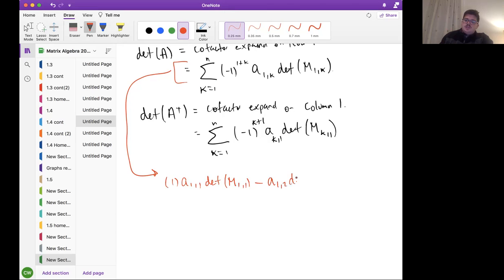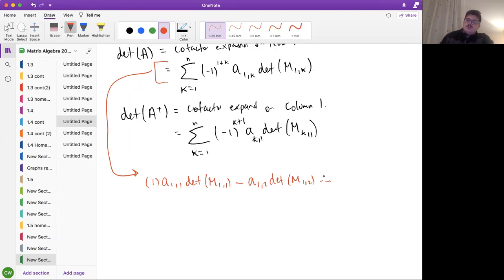A12, determinant of m12, and then down to the last term, where k equals n. So it would be a1n. And we don't know what the sign is, depending on if it's even or odd. So let's say plus minus 1, and then the determinant of m1n.